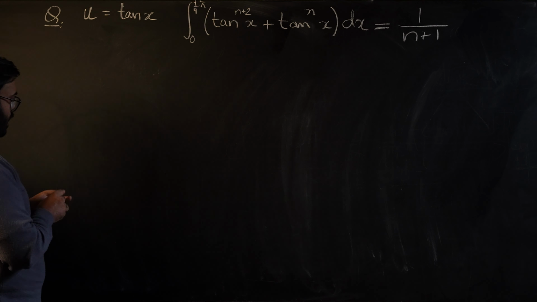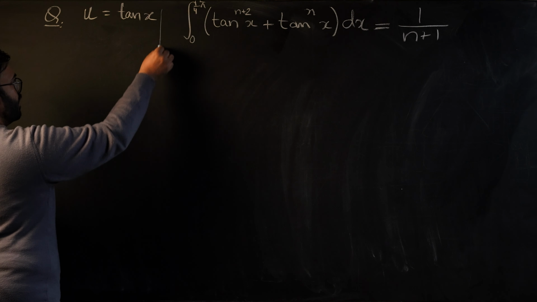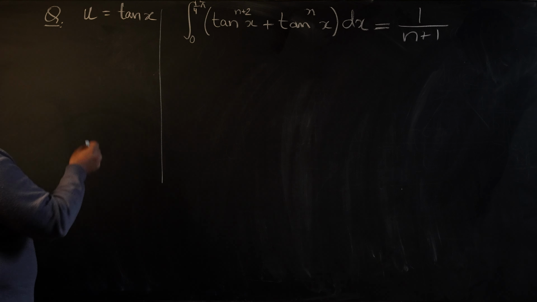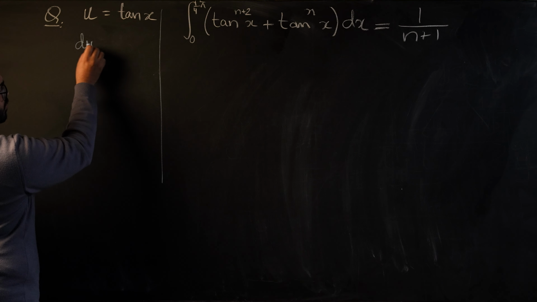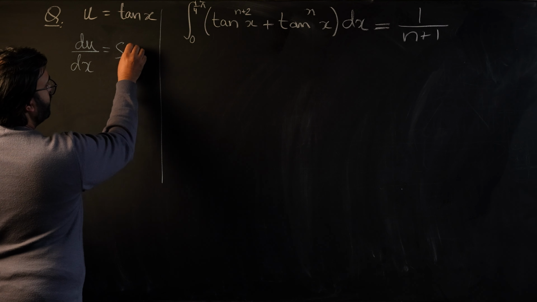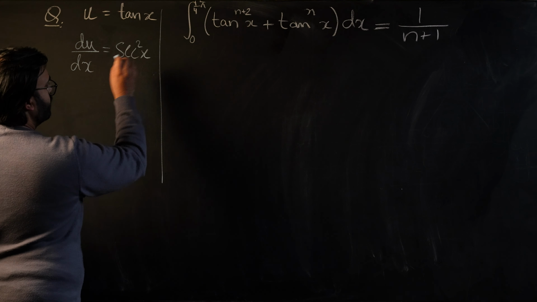So first of all, as we are used to the idea that whenever we are given a substitution, first of all you have to differentiate your substitution. So this will be du by dx, and this would give us secant squared x.